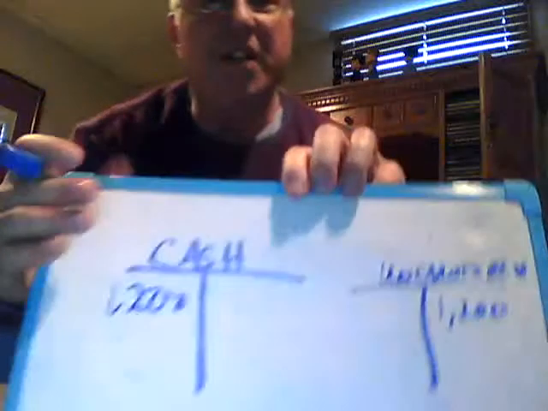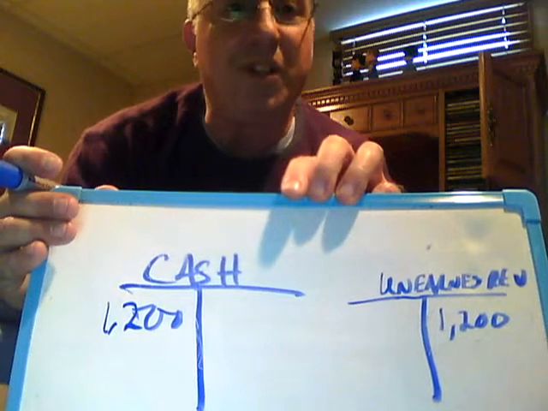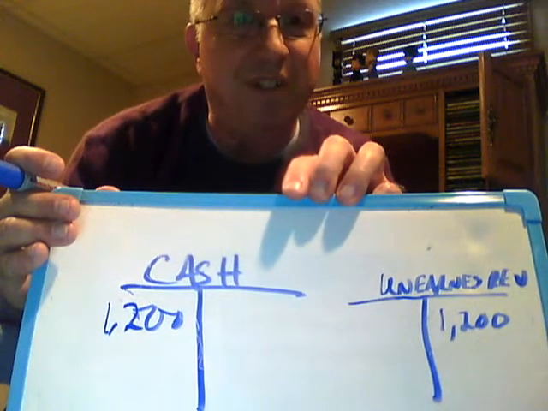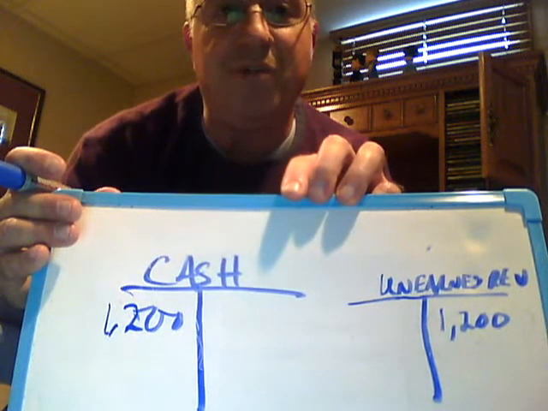But now we have this liability called unearned revenue because we have not done anything as a company yet to earn that customer's money. I'm sorry, it looks like a $6,200 there in cash, but it's really a comma there. $1,200 debit to cash, credit, unearned revenue, it's the same $1,200. Okay?